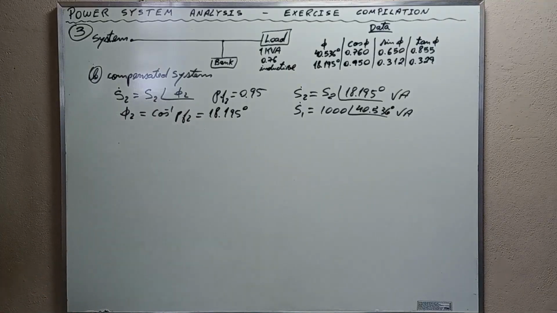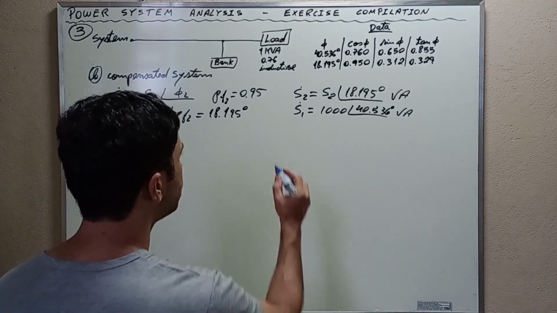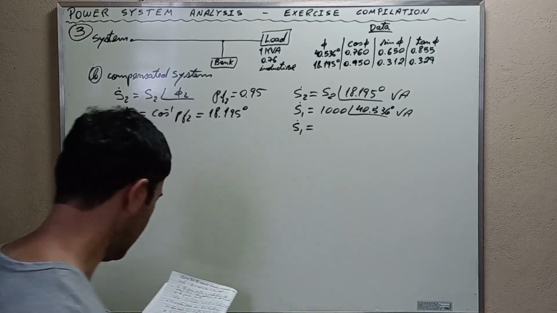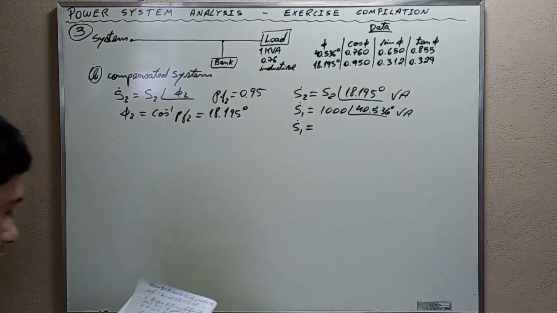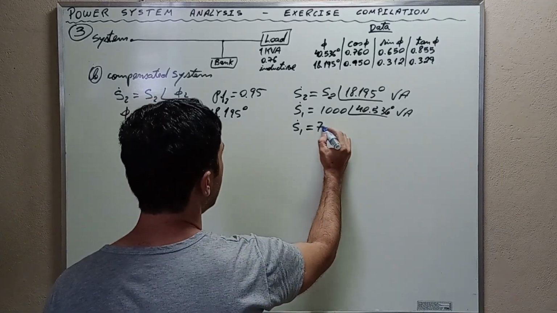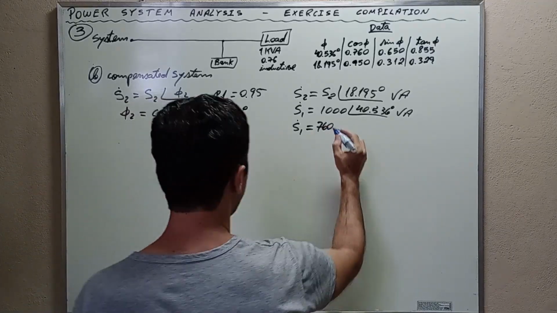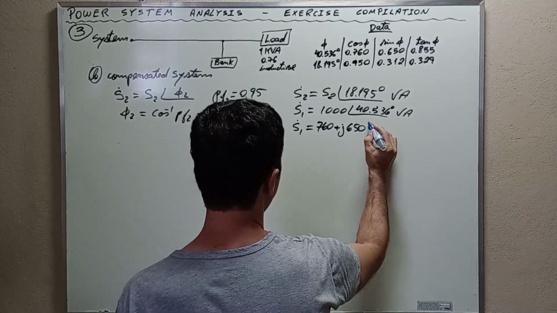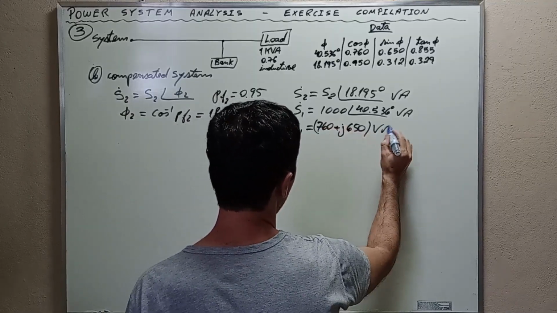We have to separate the powers, okay? S1 can also be written as 760 plus J650 VA, okay?